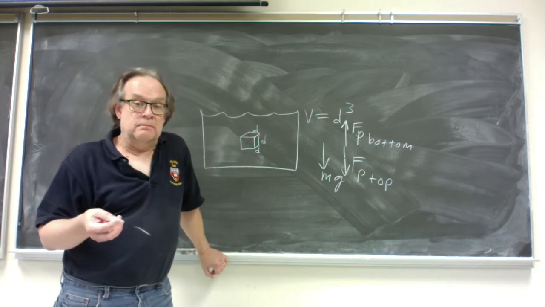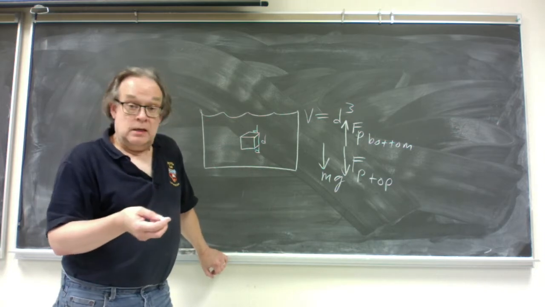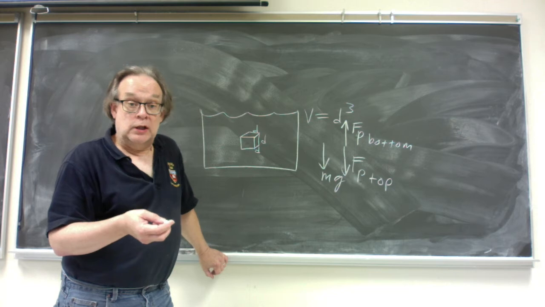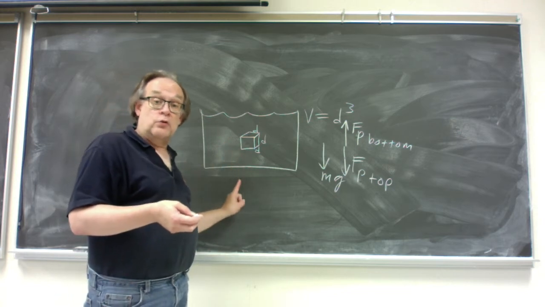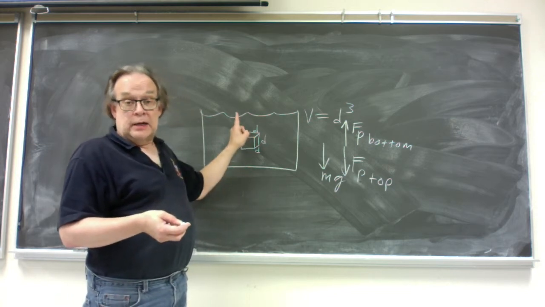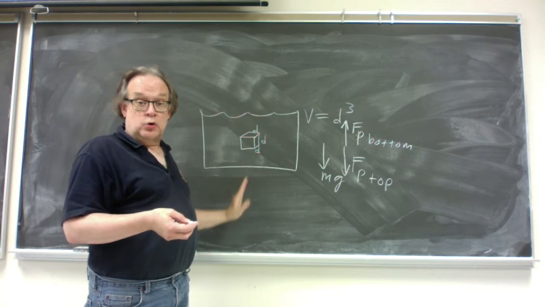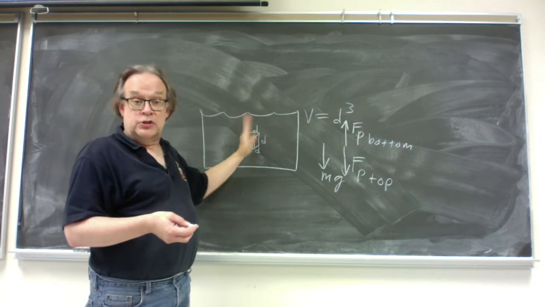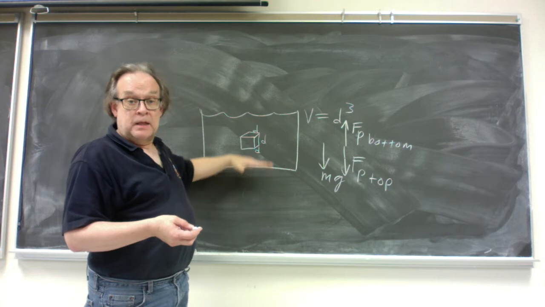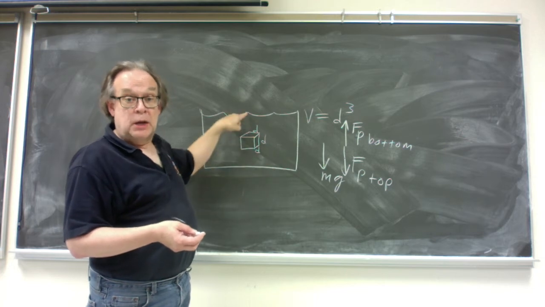As we thought about yesterday, every time a molecule of the fluid collides, that's a tiny little force from the fluid on the block, and the grand total result of all those little collisions is pressure pushing up from below.